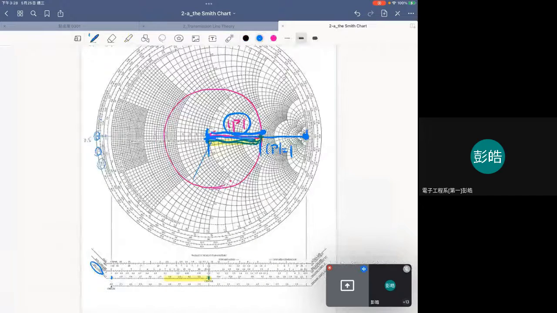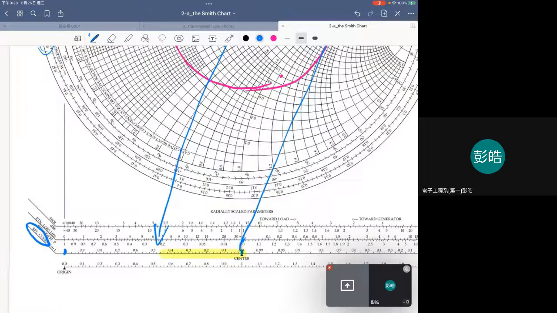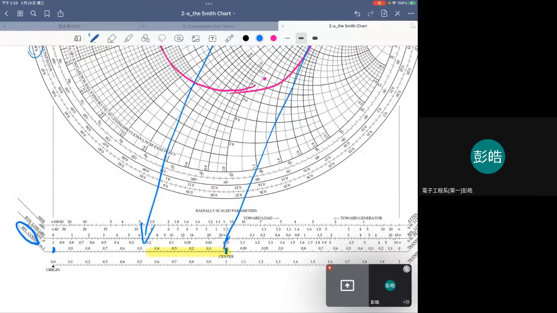Okay? Not mapping, you just copy the same length. And you can measure the absolute value of the reflection coefficient. Okay? You can also use this one. I think they are very similar scales.